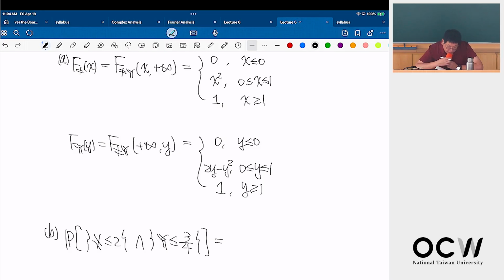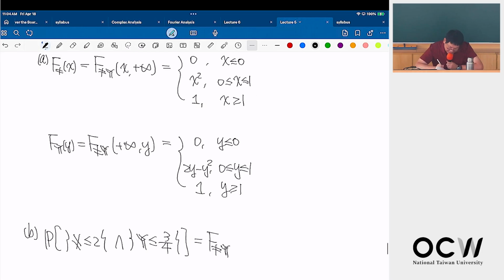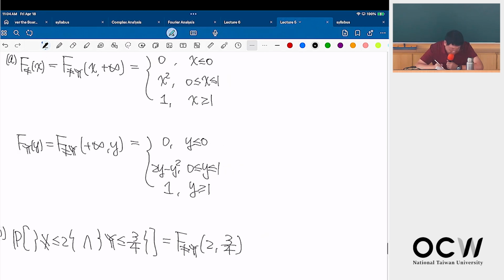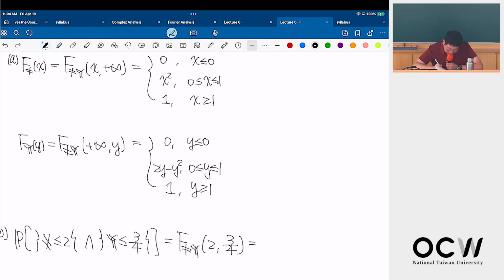To write the probability this way, we can also use the joint CDF. That means this is at 2 and 3 over 4. So it is 2 times 3 over 4 minus 3/4 squared.